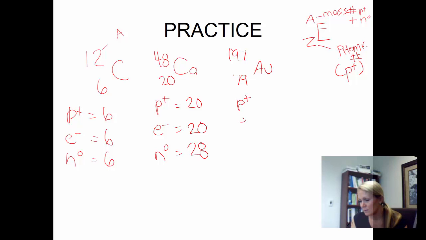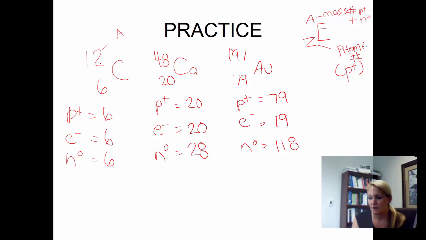And then for this one, we've got an atomic number of 79 here, which means we have 79 electrons. It's still neutral. Take 197 minus 79 and you get 118 neutrons.